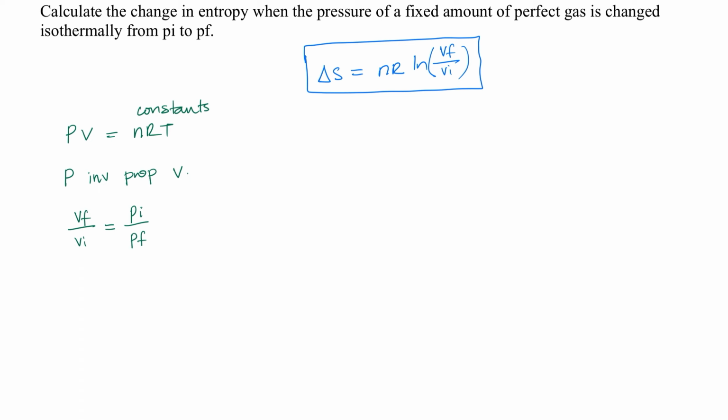And all we need to do then is to replace this Vf over Vi with Pi over Pf. So when the pressure of a perfect gas changes isothermally, the new equation we get is delta S is equal to nR times the natural log of Pi divided by Pf.